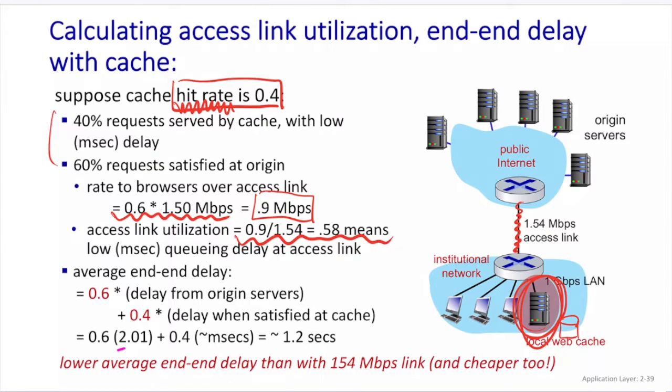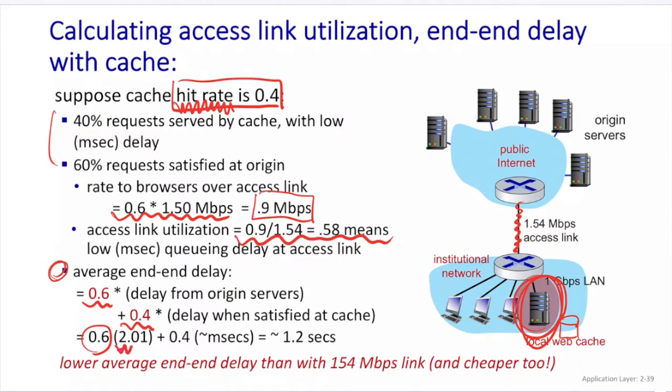So maybe it has a shorter queue, and the waiting time will be dramatically shortened. So we can think about one thing. If we want to calculate the average end-to-end delay, we have two parts here. For the first part, 60% of the pages still need to go to the original servers through the 1.54 megabit per second access link.